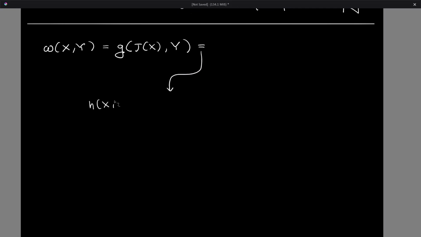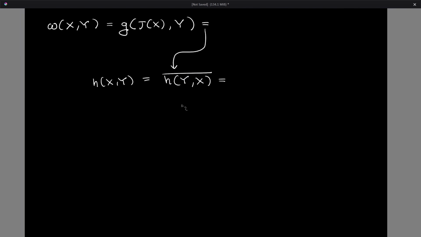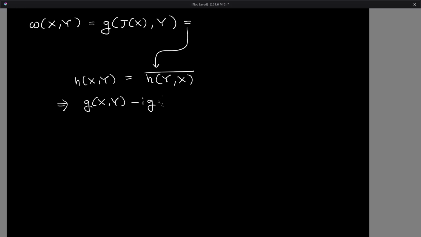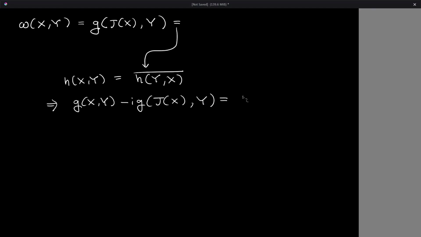Let's start with the Hermitian metric again, use its sesquilinearity to flip the inputs, and then this implies that g(x,y) minus i g(J x, y) is equal to g(y,x) plus i g(J y, x). I am getting confused with the conjugation as well.